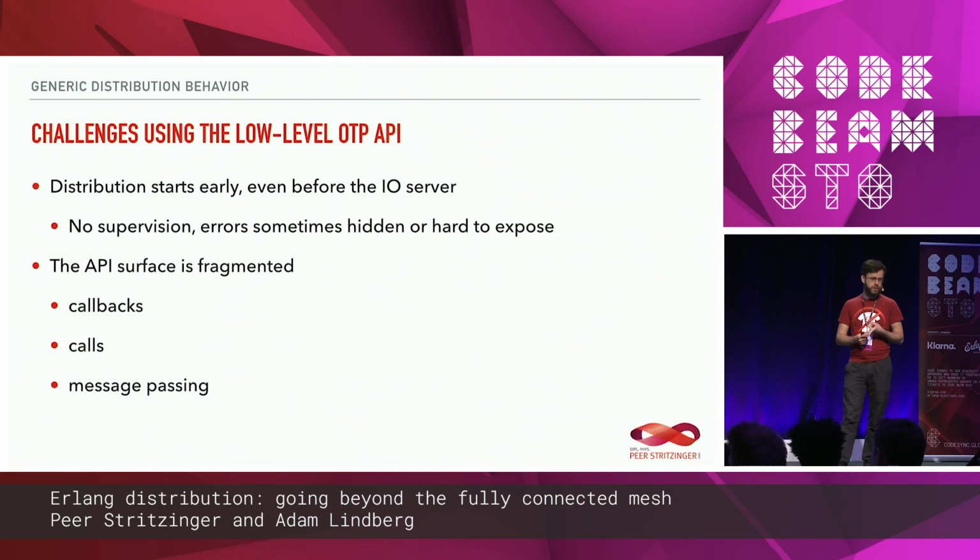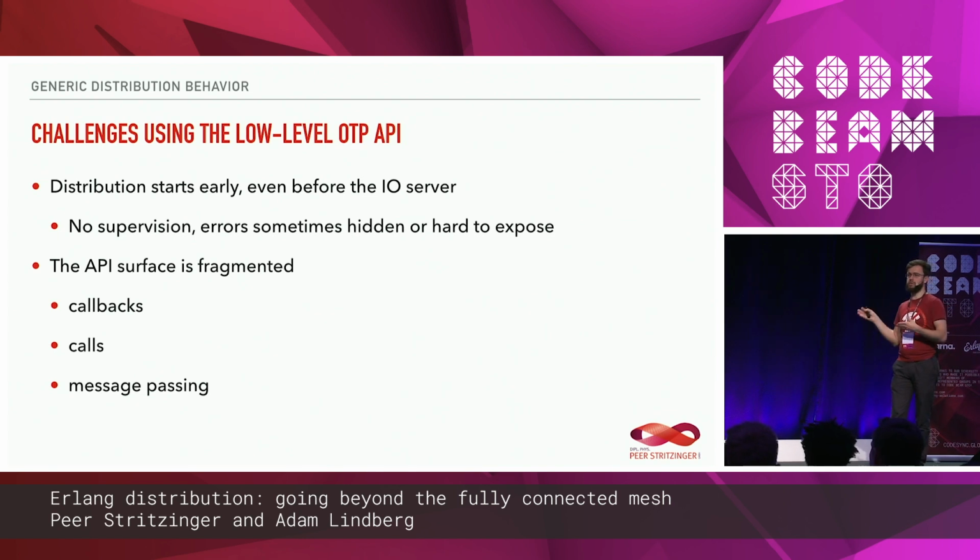So there's no built-in supervision tree, like a proper OTP one, but more some links here and there between processes. And errors can sometimes be hidden because there is not proper I/O yet, and when some of the links go down, the errors are not printed in the nice way you're used to. If you crash a gen_server, you get a super nice stack trace and all the system events.